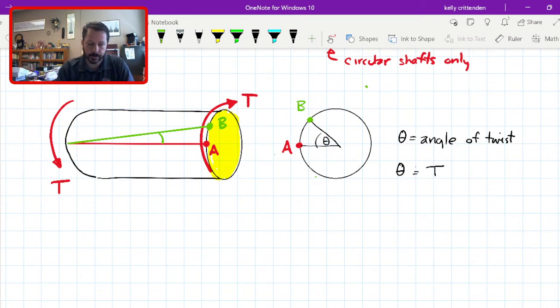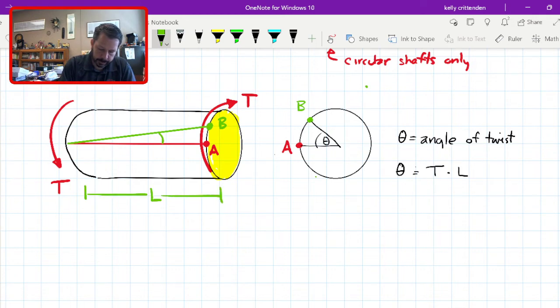So T is the torque on that section times L, the length of that section. So here L would be this value. And we might have to chop the shaft into a bunch of little sections, each of their own length L. TL over J, that's that polar moment of inertia again.